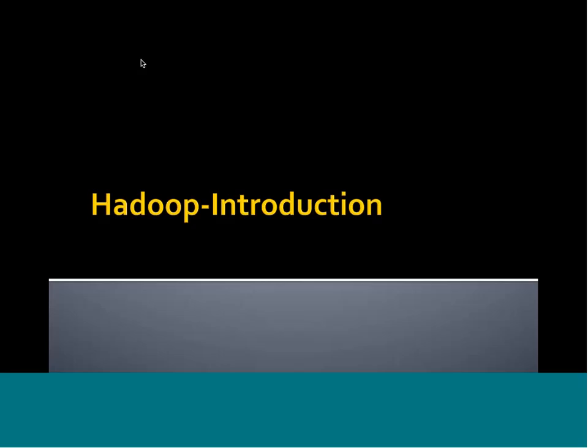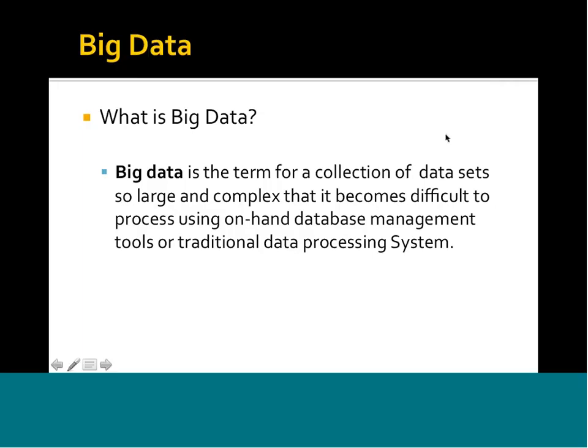So if you see what is big data, as I told you, in your architecture, as soon as you reach the threshold of handling volume and complexity of data, you can say that now your requirement has reached where you have to term the data as big data, right?